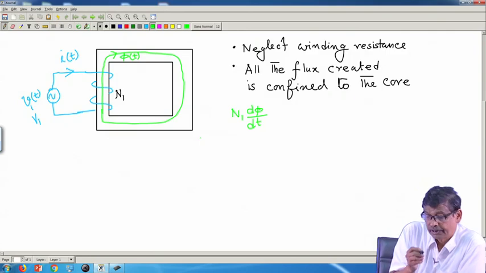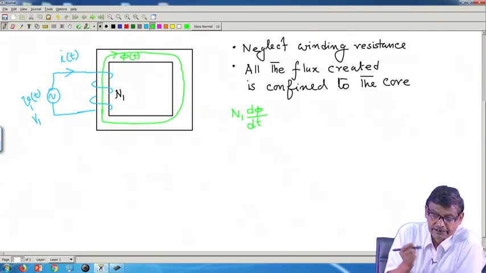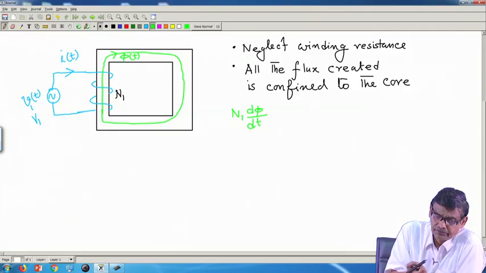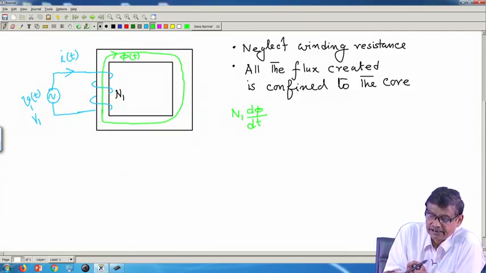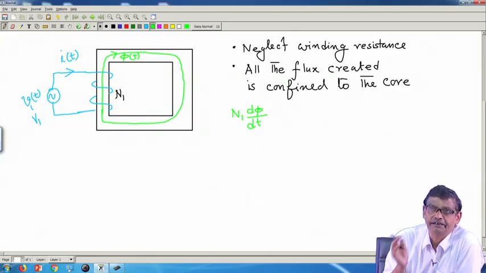Let us also tell one thing about i(t). Let us consider this to be the instantaneous direction of the current, and not only that, dI dt is positive, that is, d phi dt is positive, it is increasing.